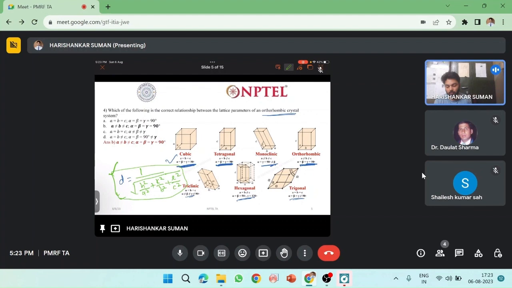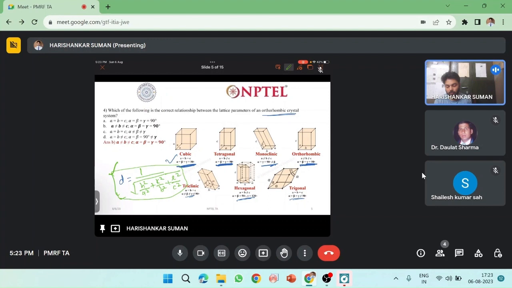Other systems like hexagonal and trigonal may be calculated by other formulas which include the angle also.